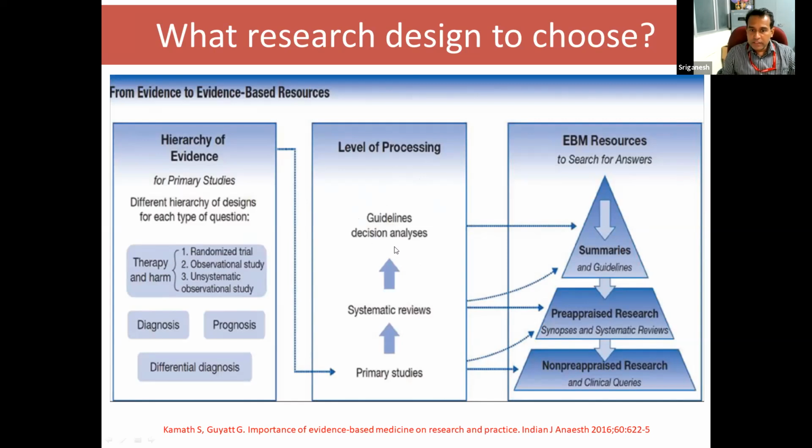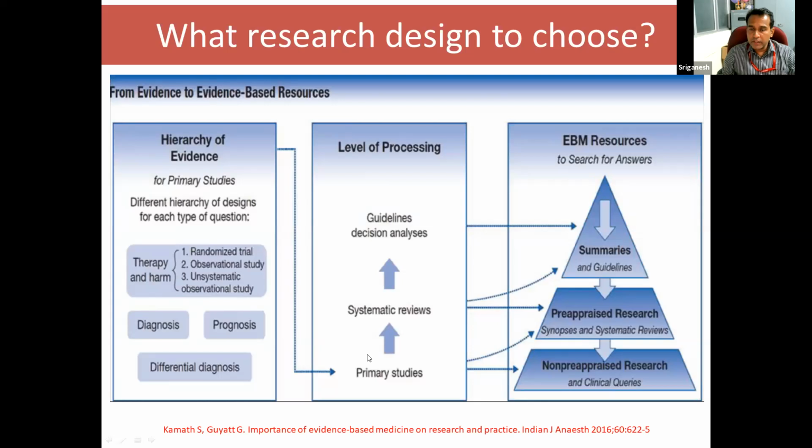Now, guidelines are essentially derived from systematic reviews. But once again, we must remember that guidelines are available for some elements of care of patients, while for many elements of care, the guidelines are not available or are ambiguous. So systematic reviews are what we rely on.